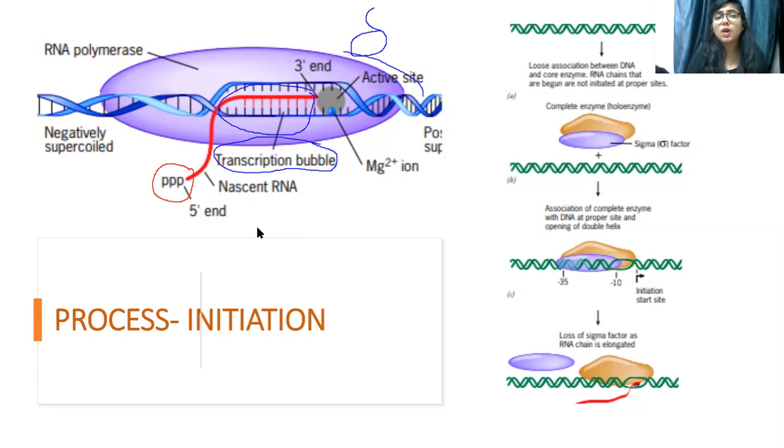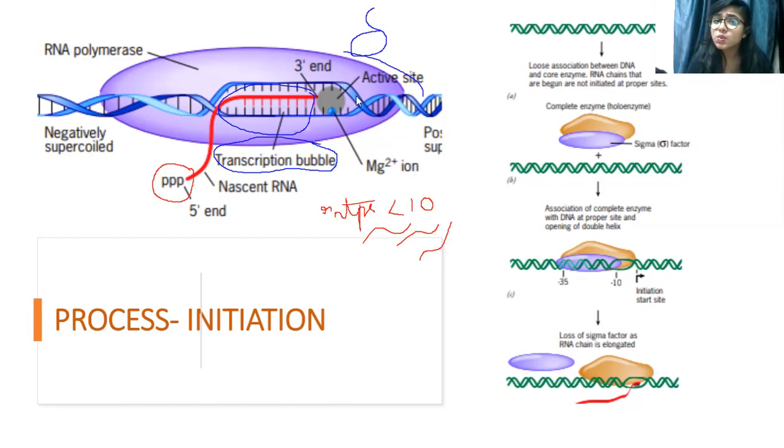Okay. But during the initiation process, the rNTPs which are added are not more than 10 rNTPs. Okay, that's why only short transcripts are released. This is only the start of the process.